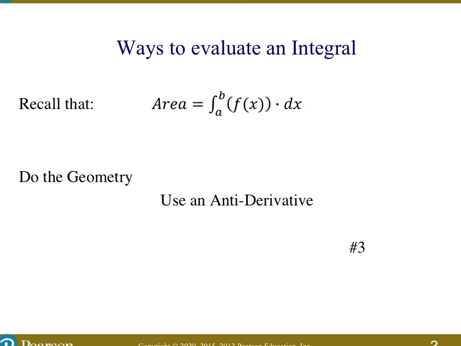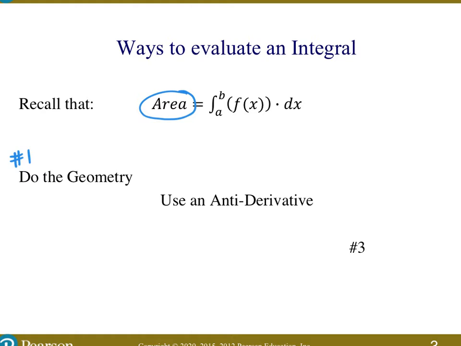So remember, when we introduced the idea of an integral, we said that that symbol represents area. And the area is written very elegantly with the integral notation from a to b. So how do you figure out the answer to an integral? Number one, we saw that you could do the geometry.